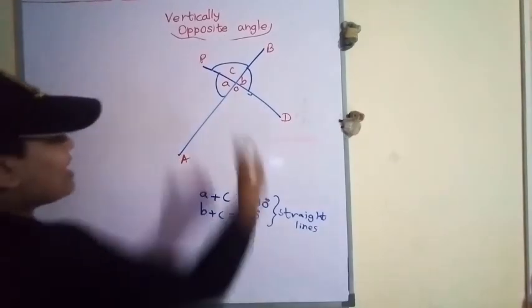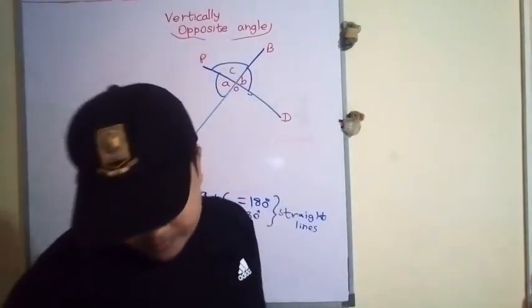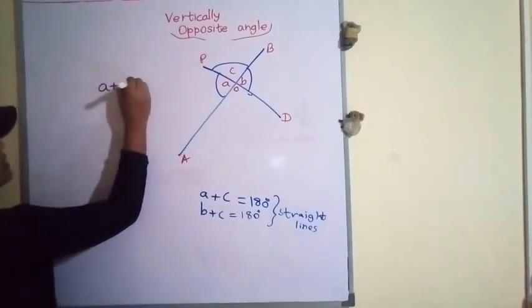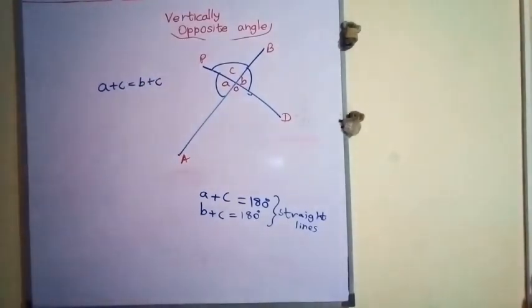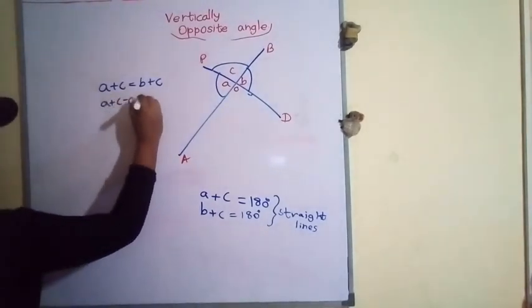Now, A plus C equals B plus C. Now you can get A by subtracting C from both sides.